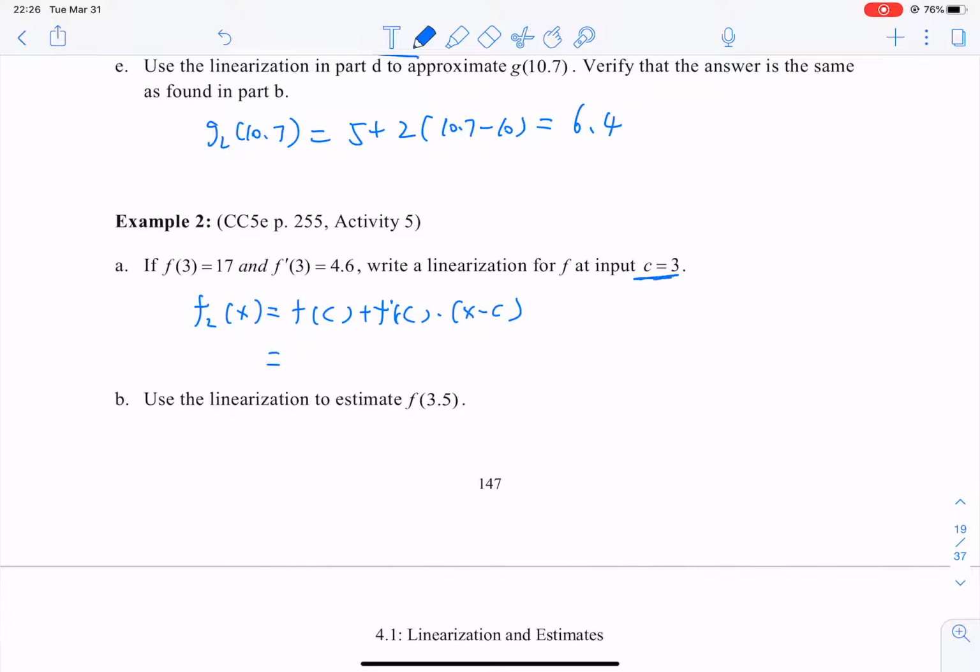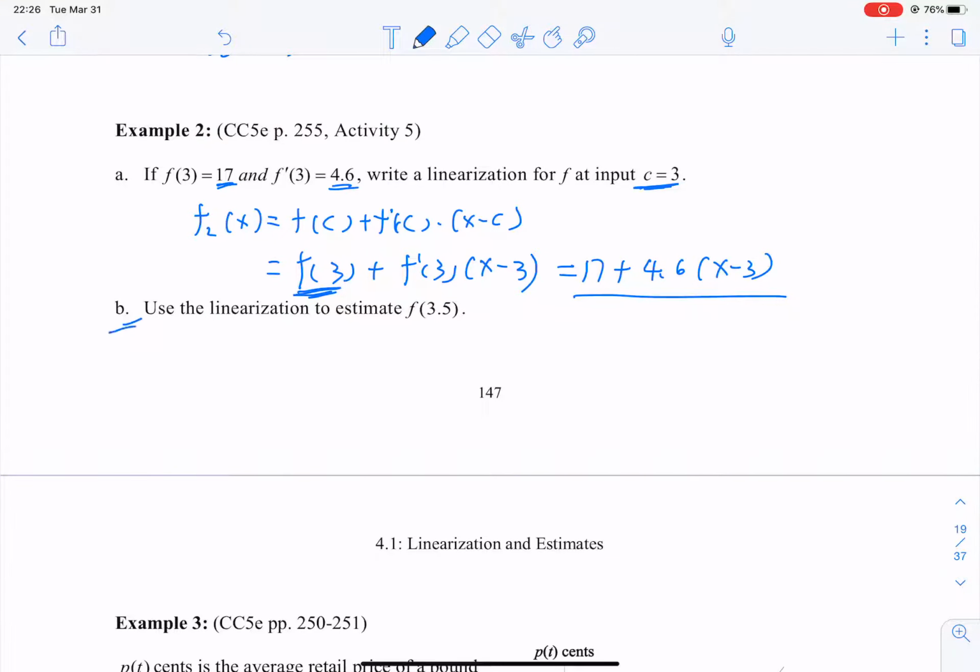And we are given c equals 3. So f of 3 plus f prime of 3 multiplied by x minus 3. And f of 3 is given 17 plus f prime of 3 is 4.6. Then this is the formula.